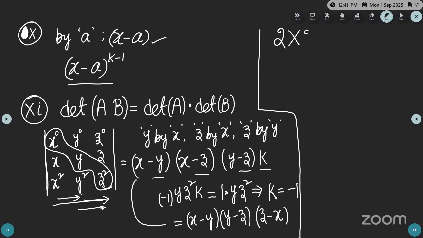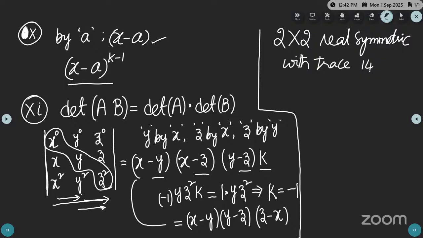Among all 2 by 2 real symmetric matrices, but whose trace is given as 14, we need the maximum value of the determinant.